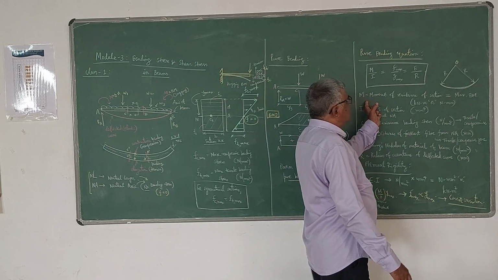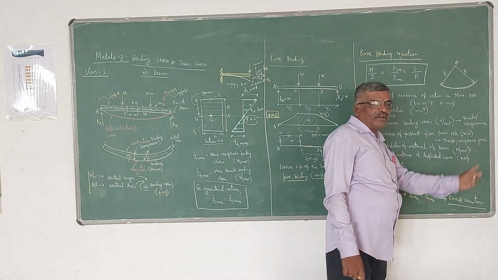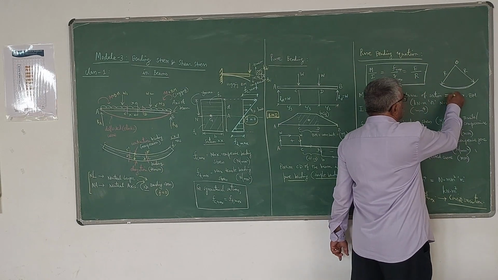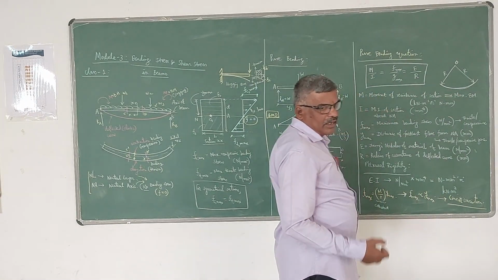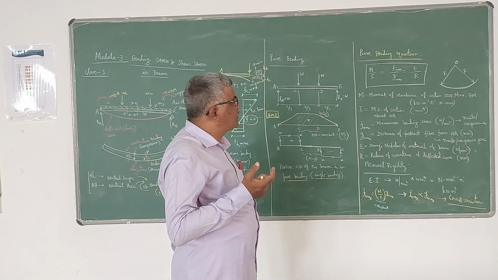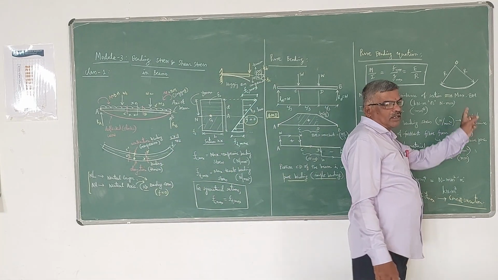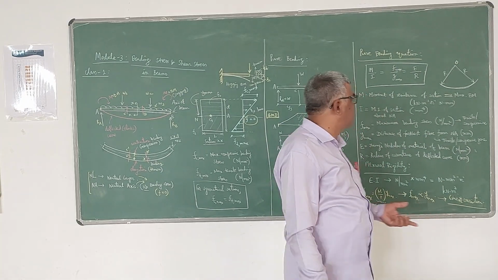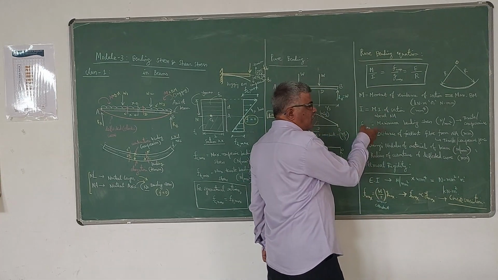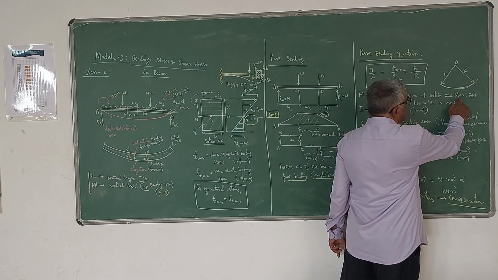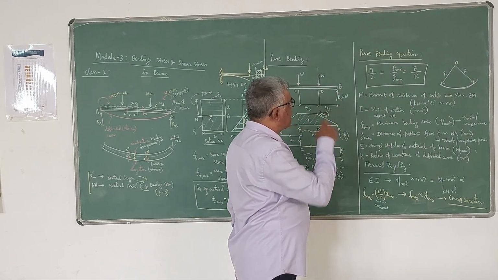So moment of resistance of that particular section, normally we take that equal to maximum bending moment, because whenever you are designing any structural member, the moment carrying capacity of the section should be greater than or equal to maximum bending moment. Otherwise the section will fail, the member will fail. So what we do in problems is take this moment of resistance of the section equal to the maximum bending moment that occurs on the beam.